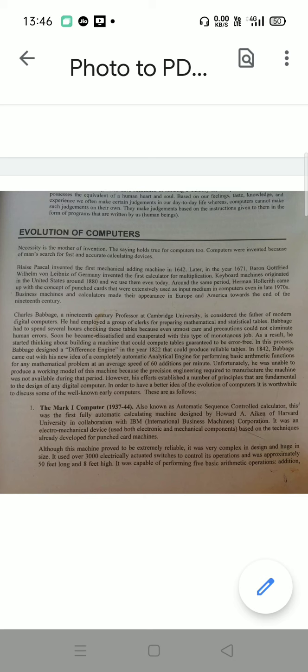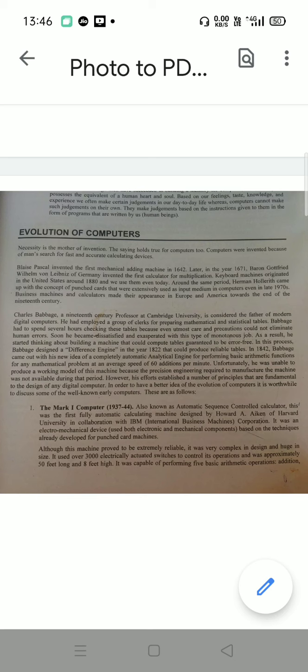Business machines and calculators made their appearance in Europe and America towards the end of the 19th century. Charles Babbage, who is considered the father of the modern digital computer, employed a group of clerks for preparing mathematical and statistical tables.